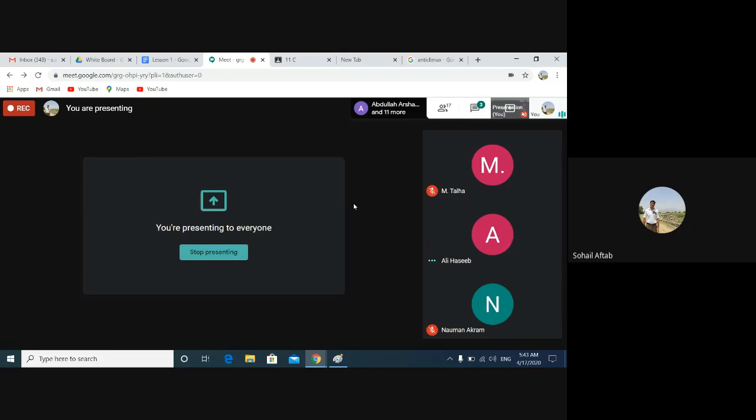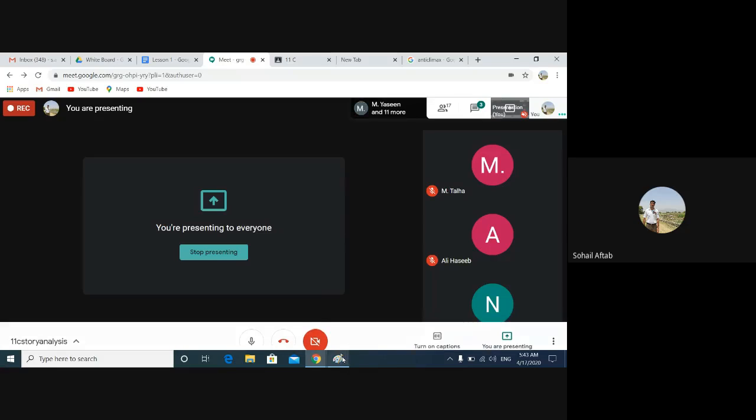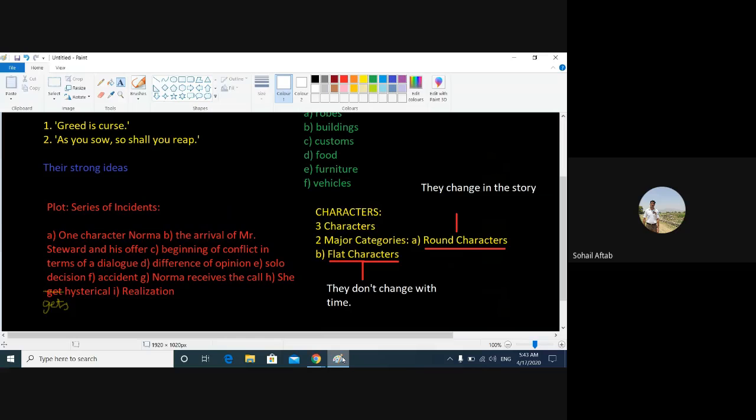Okay, a round character changes for positive things. And as far as Norma is concerned, Norma tries to interpret reality in a different way. She has not changed anything.